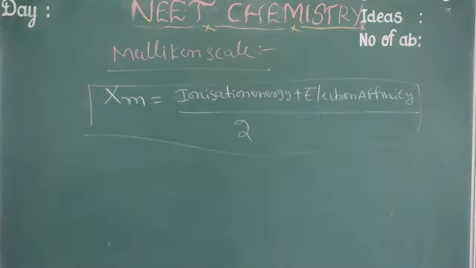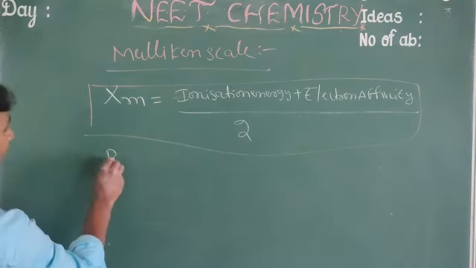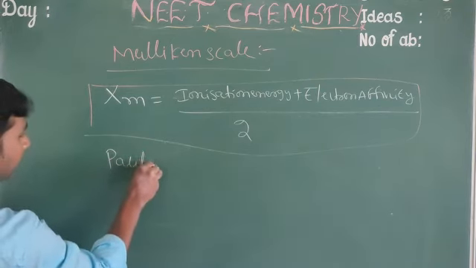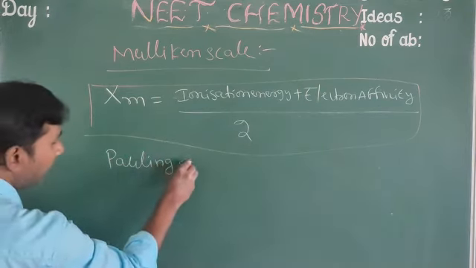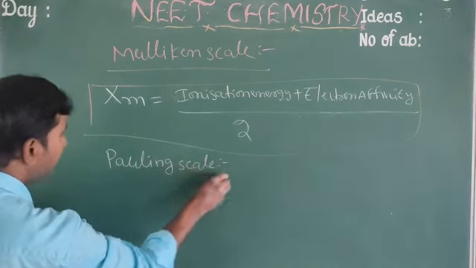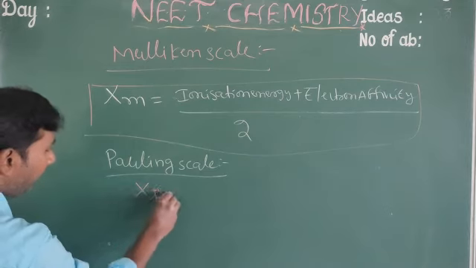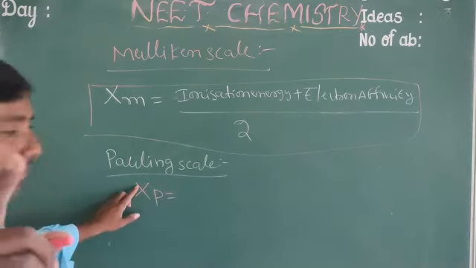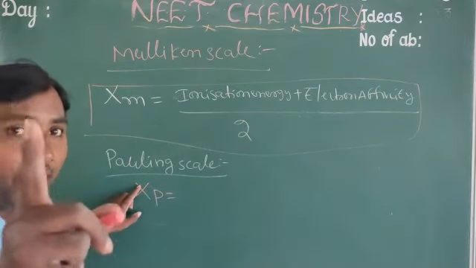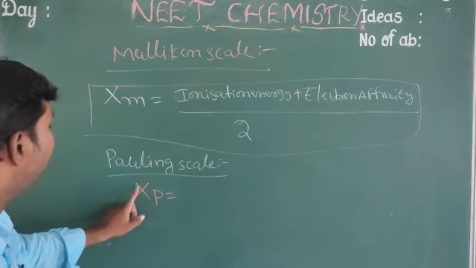Next, the Pauling scale. Electronegativity of Pauling: X means electronegativity, P means Pauling.